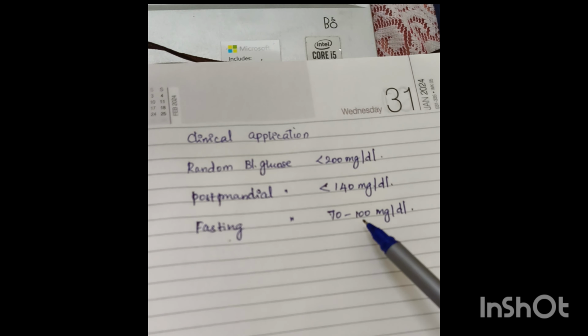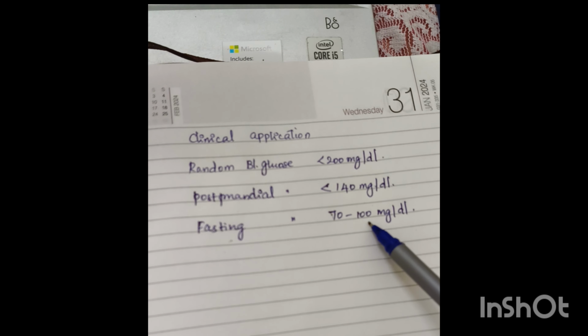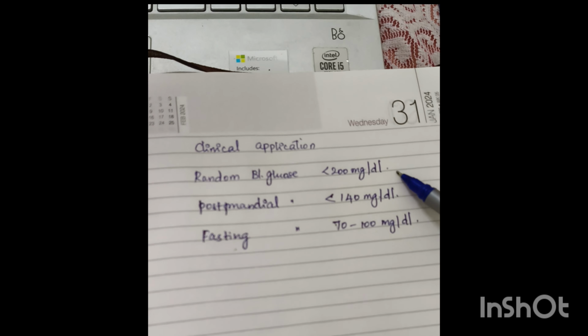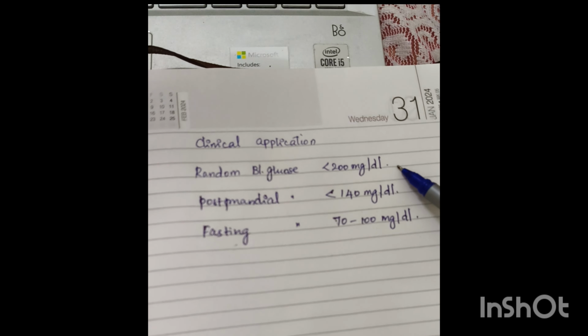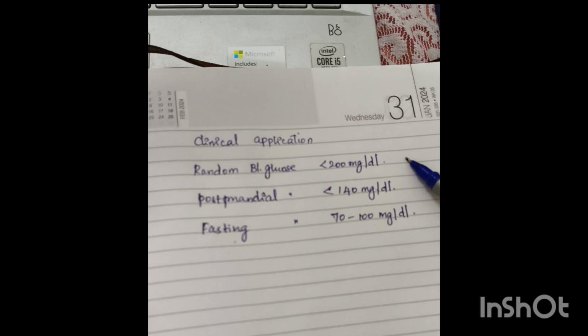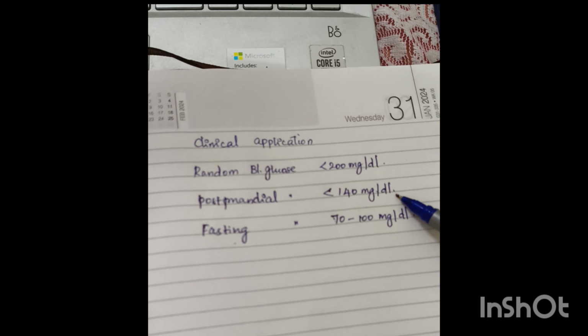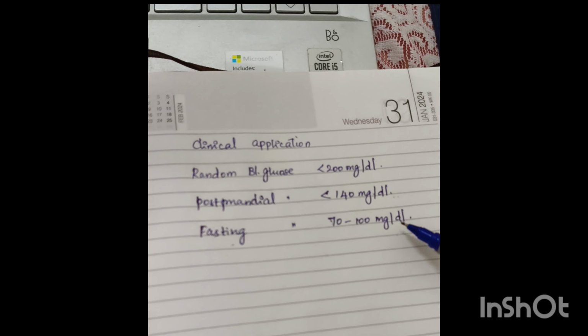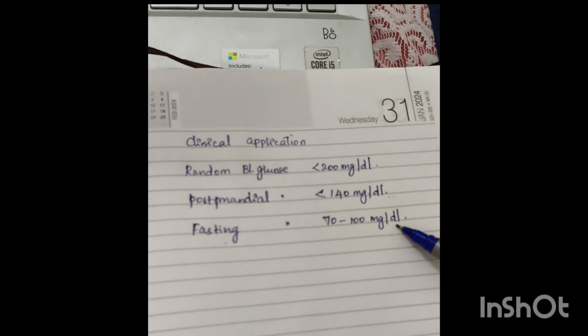Suppose the subject is diabetic, what happens? The blood glucose level will increase, because of absence of insulin. The random blood glucose level can go more than 200 milligram per deciliter, or even the postprandial level can go more than 200. In some patients even fasting will be very high.